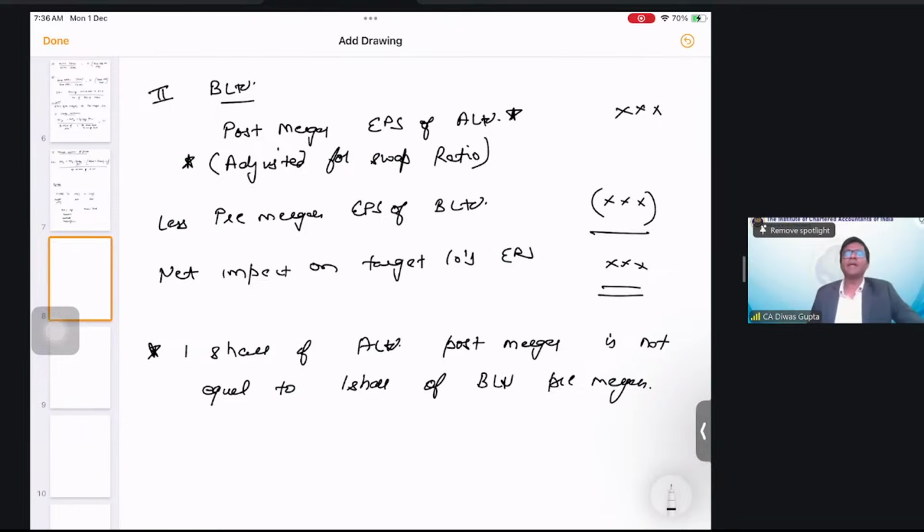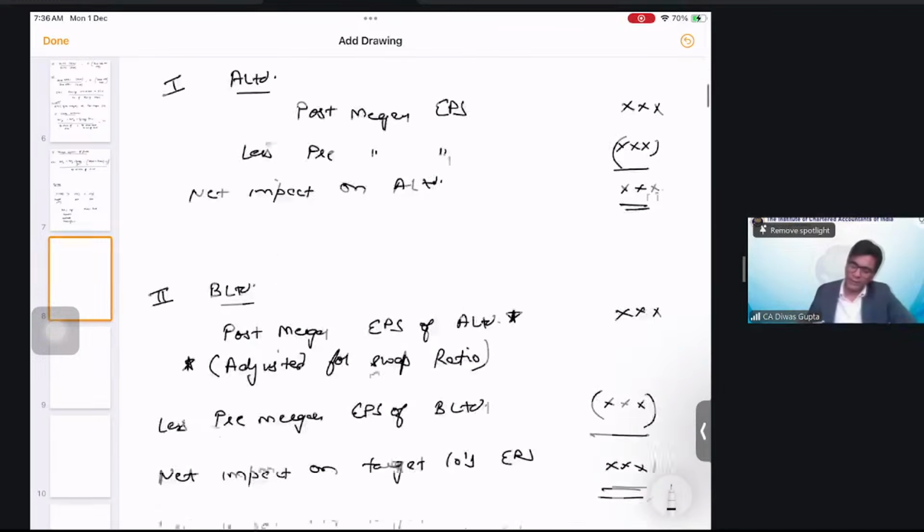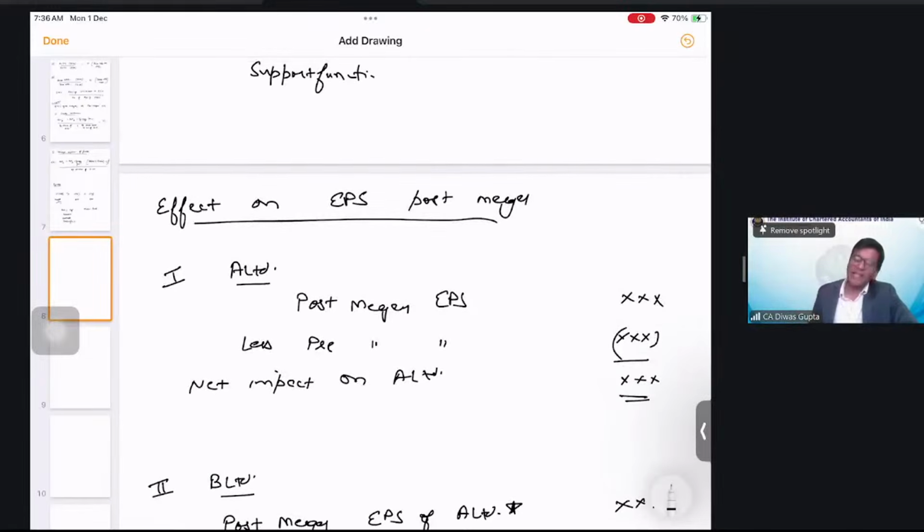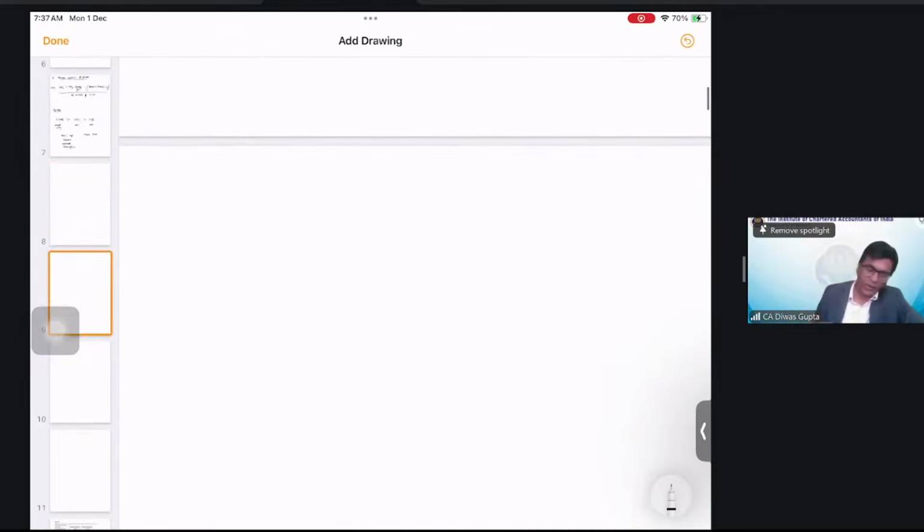So hence we will have to make them equalized and hence we'll have to adjust for the swap ratio. Okay. In case of A Limited, why this question never arised? Because the post-merger one share of A Limited is as good as one share pre-merger of A Limited. So pre and post 1:1 ratio holds true for A Limited, but not for B Limited, which is getting acquired because there is a swap ratio there.